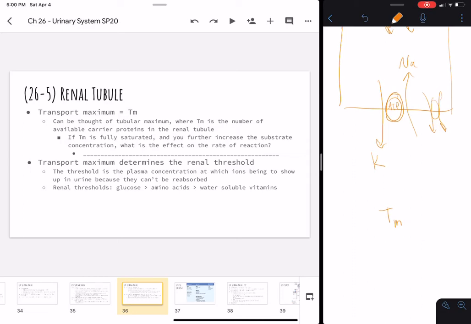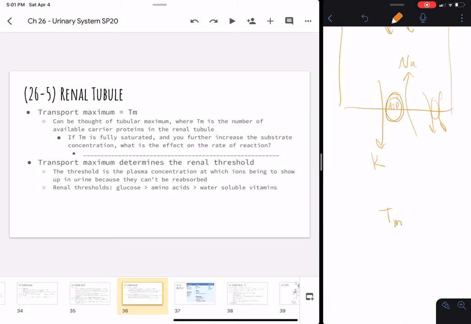So what happens if that's the case? We're fully saturated, and then you further increase the substrate concentration. What would be the effect on the rate of the reaction? Well, the rate of reaction would stay the same, because the X amount of carrier proteins you have is the rate at which you're going to be able to transport those ions.